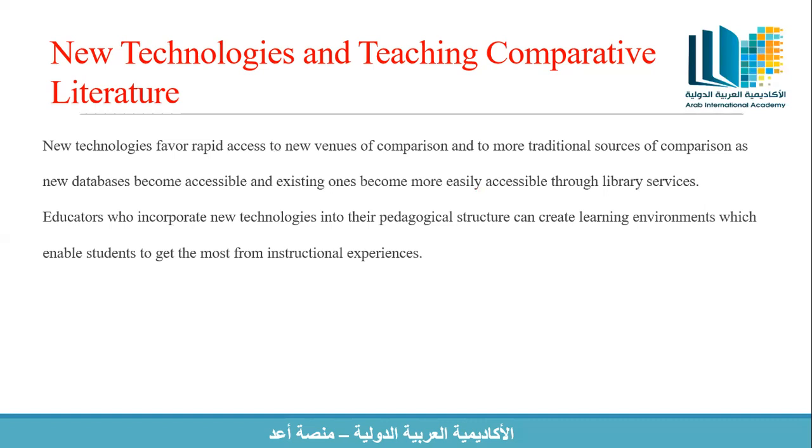Comparative literature has a lot of advantages for students because it improves their literacy skills and their understanding of cultures, and it enhances their critical thinking, so they become better and have higher order thinking skills.